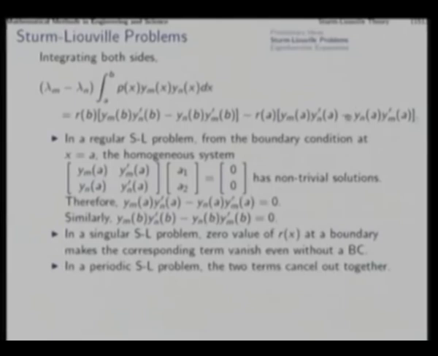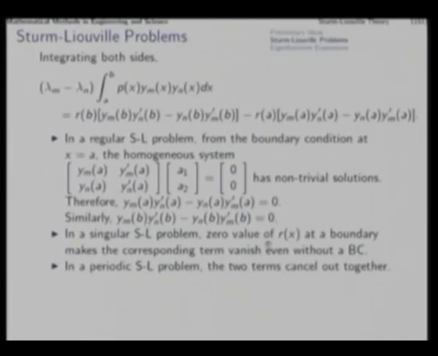That means this is 0 and this is 0, so this entire side is 0, and since lambda m and lambda n are distinct eigenvalues, they are not equal, so this is non-zero, which will mean that this integral is 0.